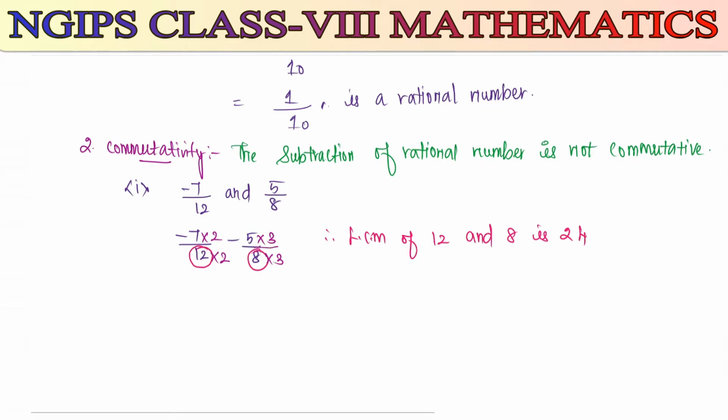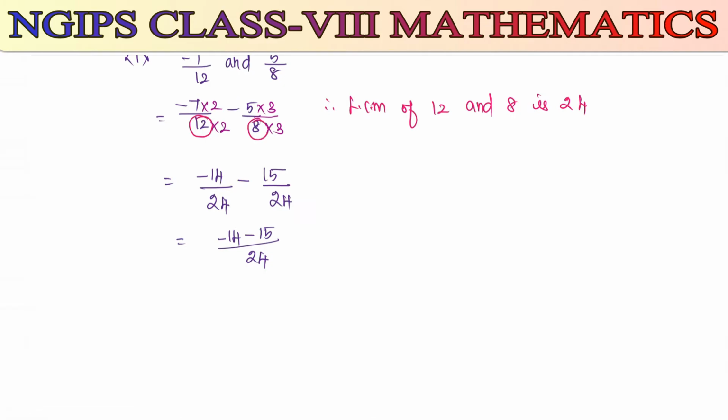Further, if we simplify this, we will get minus 7 into 2, it is 14 divided by 12 2s are 24, minus 5 3s are 15 divided by 8 3s are 24. Now the denominators are same, so I can write only once, 24. Further, simplifying the numerator, minus 14 minus 15, you will get 29. The denominator is 24. This is an improper fraction. Further, if you simplify this, we are going to get a mixed fraction: 1 24 is 24, 5 remainder, minus 1 5 by 24 is the answer.